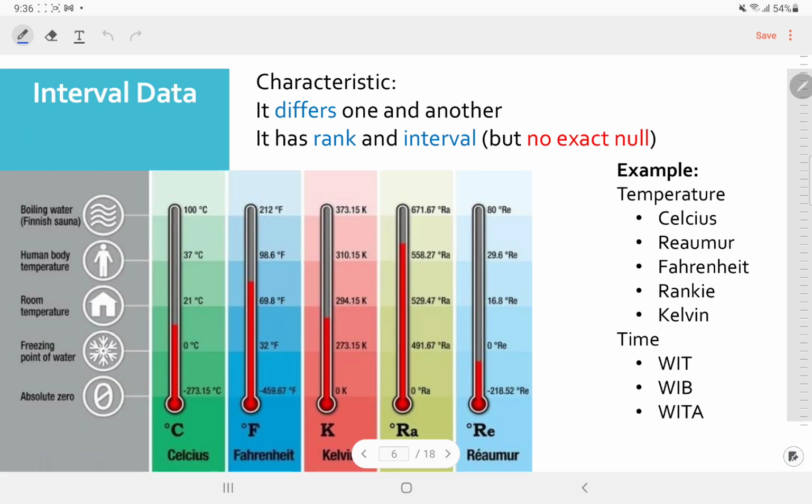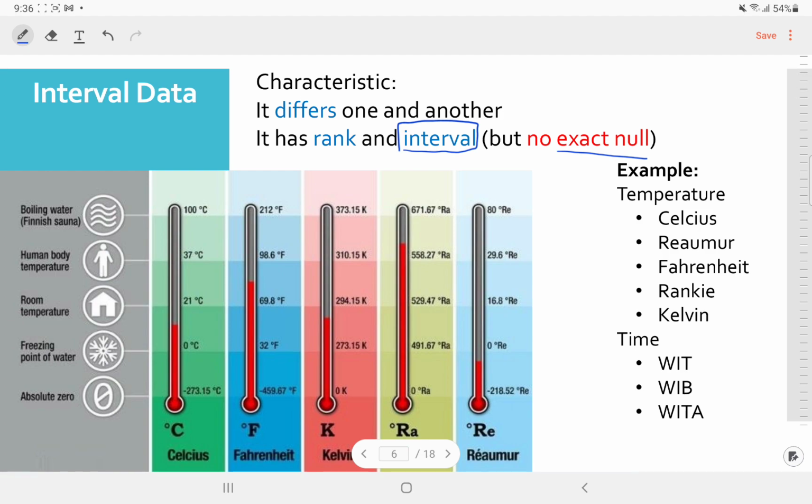And the next one is interval data. It also has the same characteristics as the previous data. It can differ one from another, it has rank, and one more thing is that it has an interval, but it doesn't have an exact null. What is an exact null? The real null.